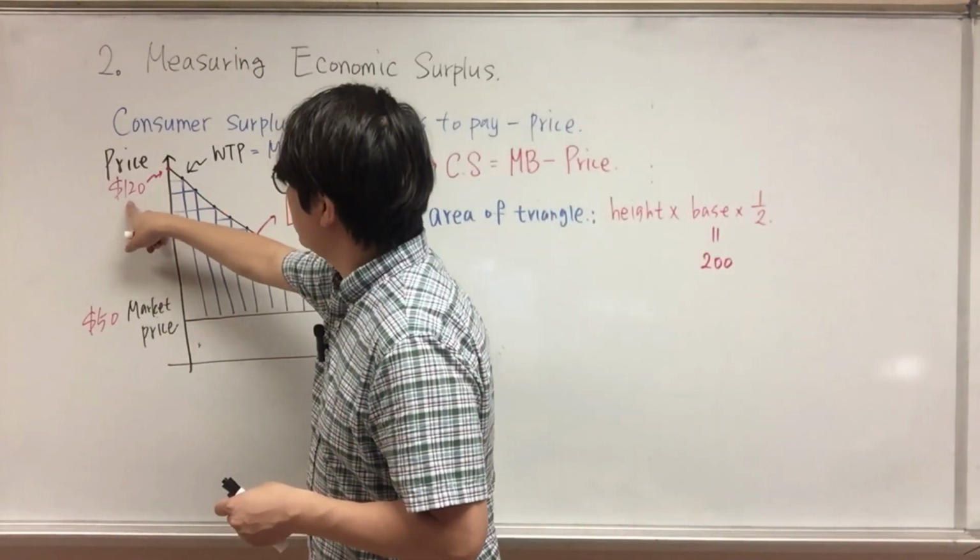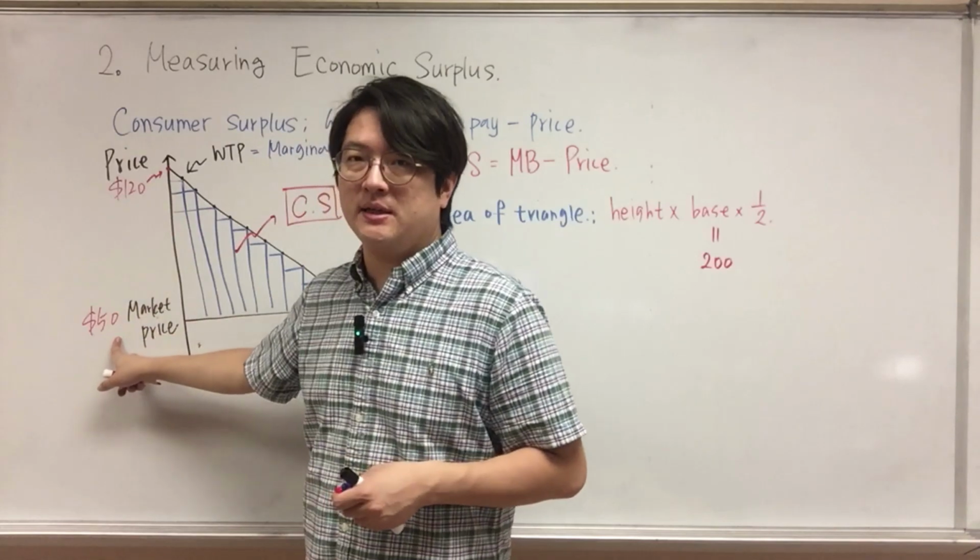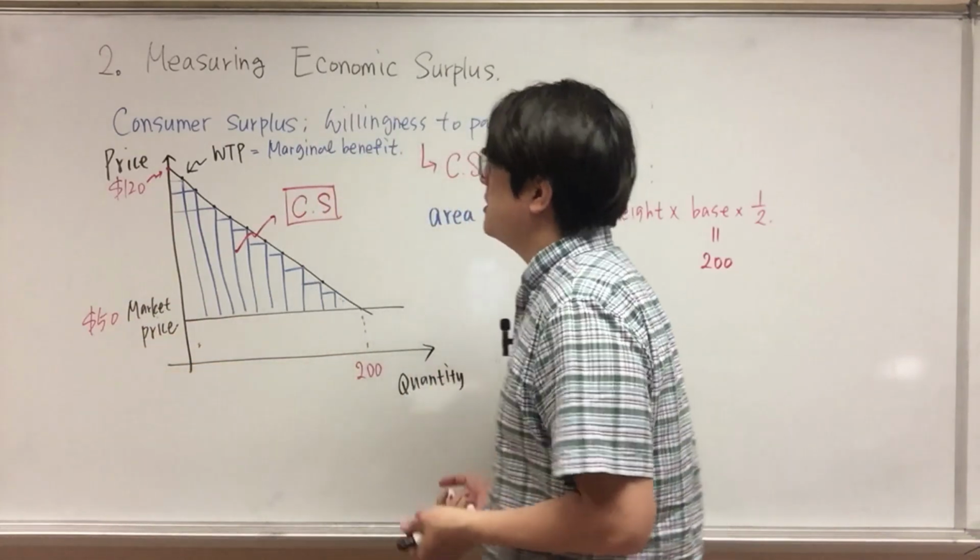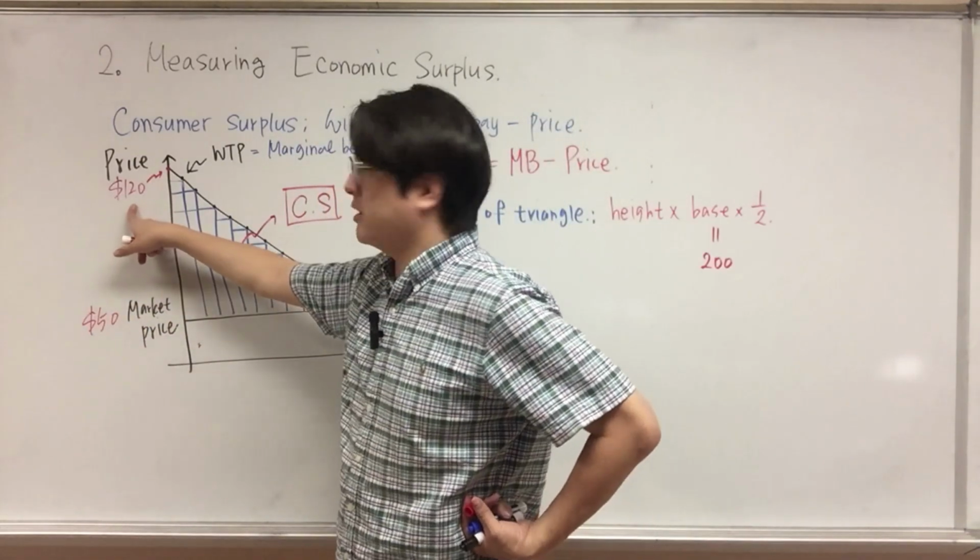What is the height? The height is 120 minus 50, because consumers' willingness to pay is up to 120.